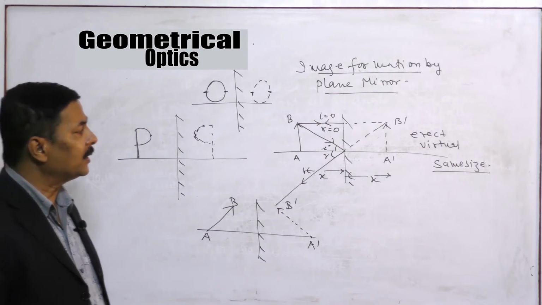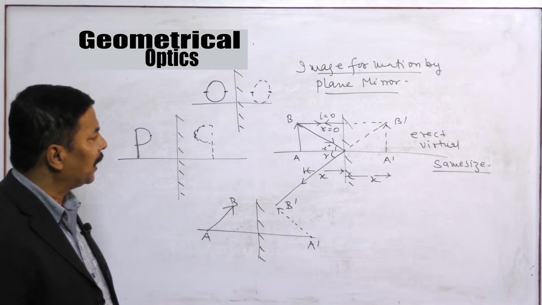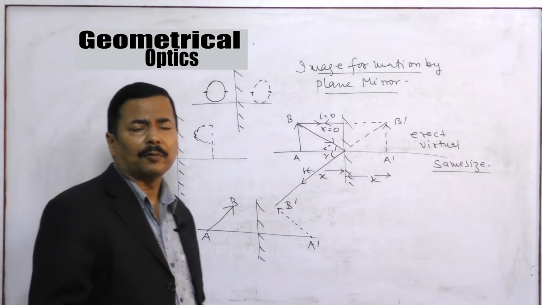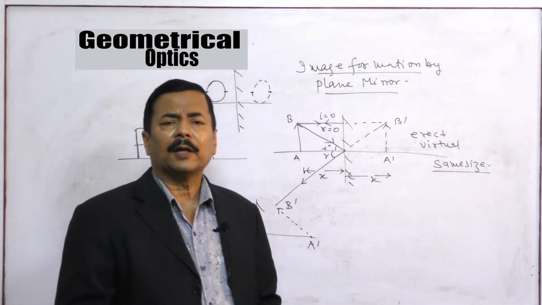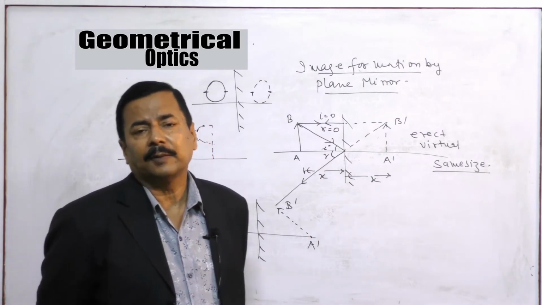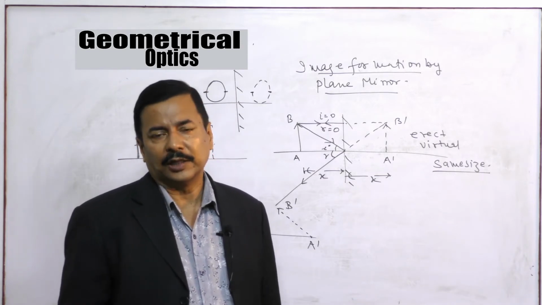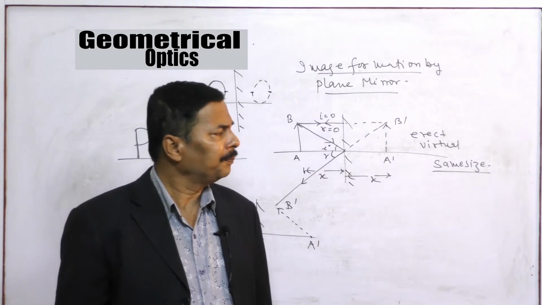Now after this we should understand one more thing about the plane mirror, that is the law of rotation. If the incident ray is kept constant and the mirror is rotated by an angle theta, then reflected ray rotates by 2 theta. This is a very important, very useful theorem.